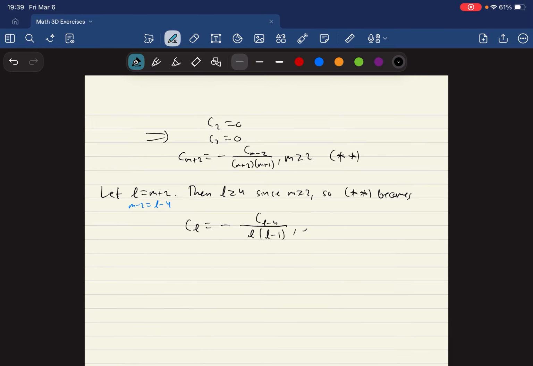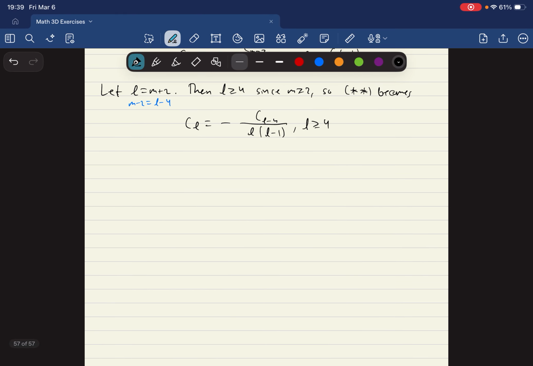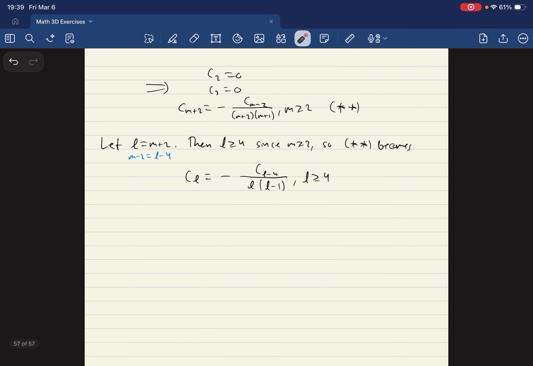And this holds, again, for L bigger than or equal to 4. Okay. And this is great because now this gives us a recipe to be able to figure out the bigger coefficients in terms of the previous coefficients.